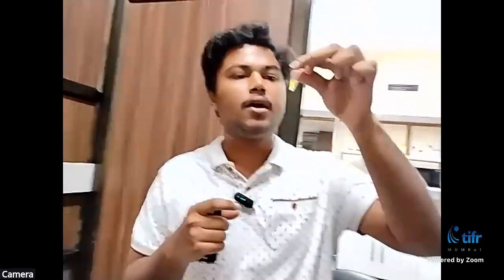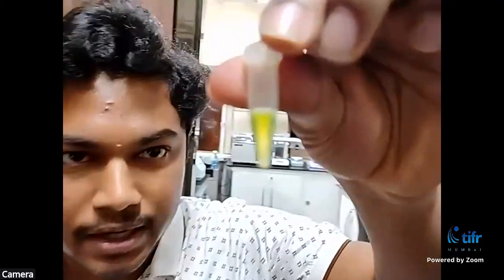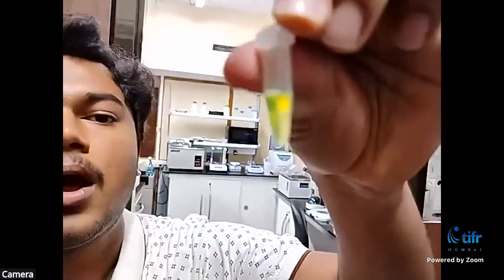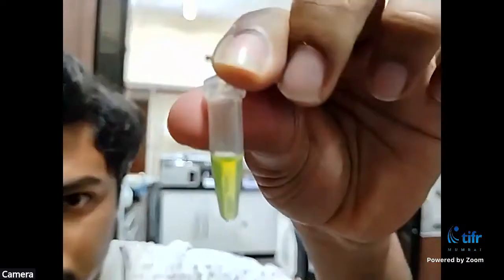The ultimate result is that whenever we irradiate the embryo with the particular wavelength of light, only that tissue absorbs the light, because it has the protein with the phenomenon of fluorescence, and only that part gets illuminated. So this is the phenomenon of fluorescence. Here I have a vial with this green fluorescent protein which has been extracted from bacteria.